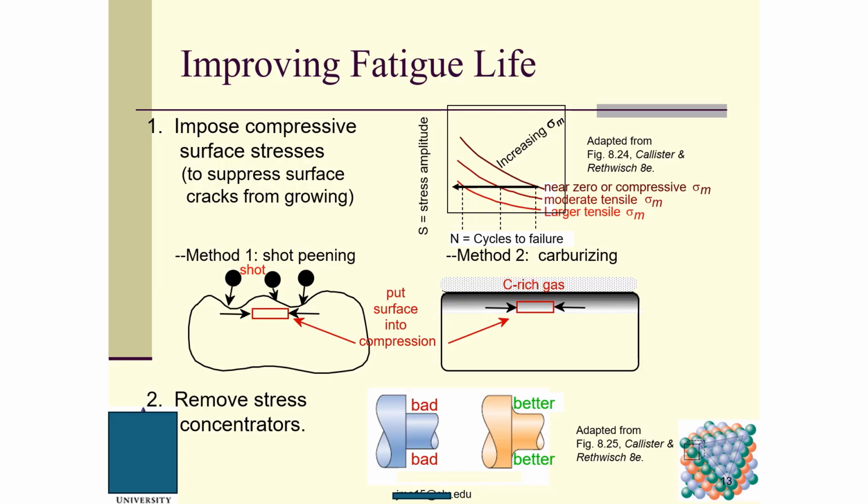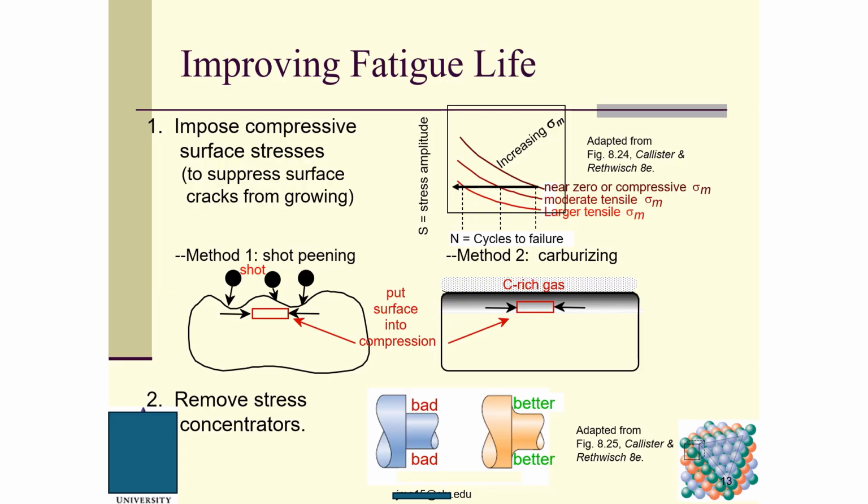And the second one is carburizing. Last time we talked about case hardening, right? Carburizing is a case hardening process. We put our specimen in the chamber, and then we put in a carbon-containing gas or liquid, and usually we use gas.